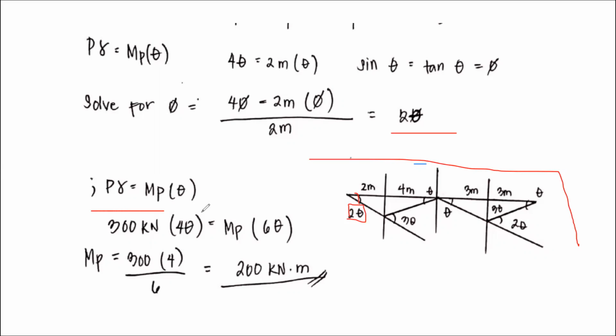So, balik tayo sa formula natin, pinaka-formula natin. The summation of loads lang. And ito, yung 300 kN multiplied by 4 theta. And dito, may 4 theta rito, sa part na yan. 4 theta is equal to MP multiplied by 6 theta.